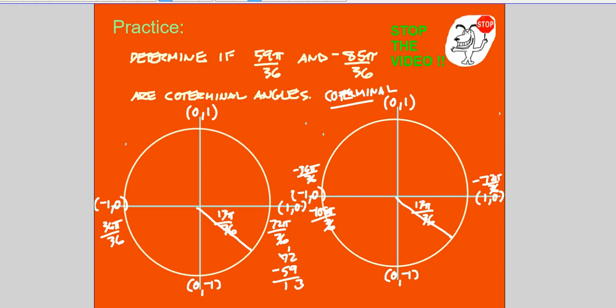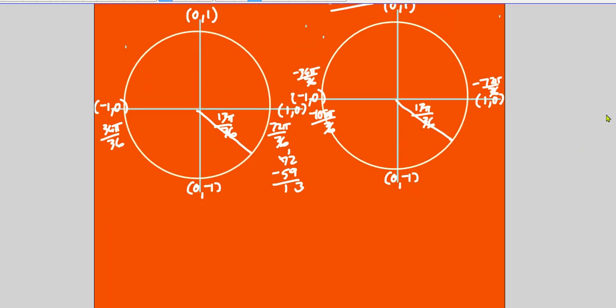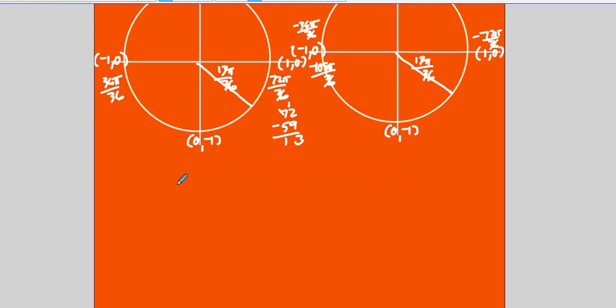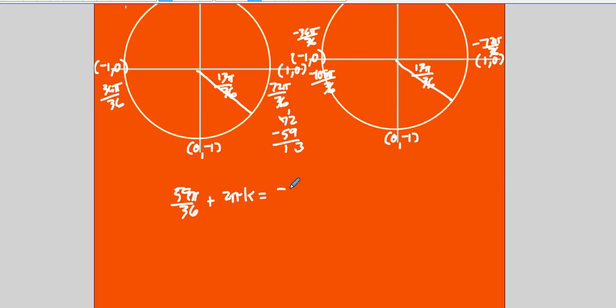So I think the easier way to do it again is to start with your first angle, doesn't matter really which one. I'll start with 59 pi over 36 plus 2 pi k equals negative 85 pi over 36. So solve for k.